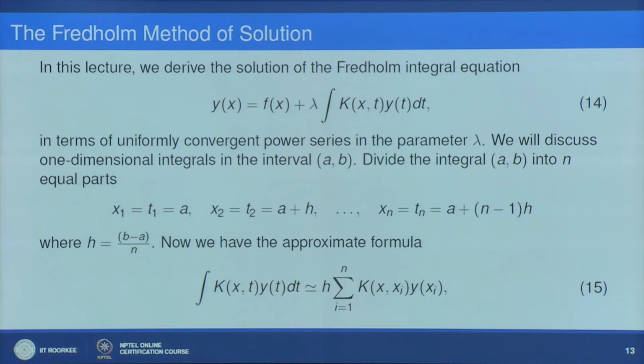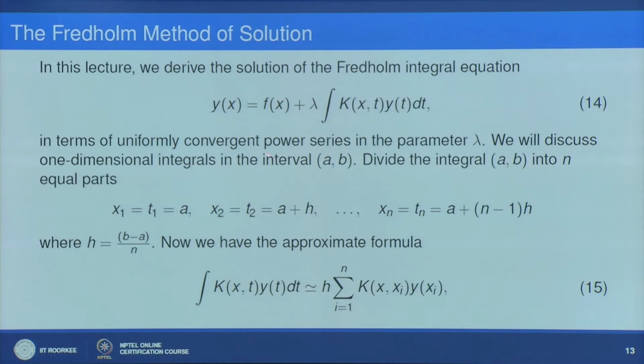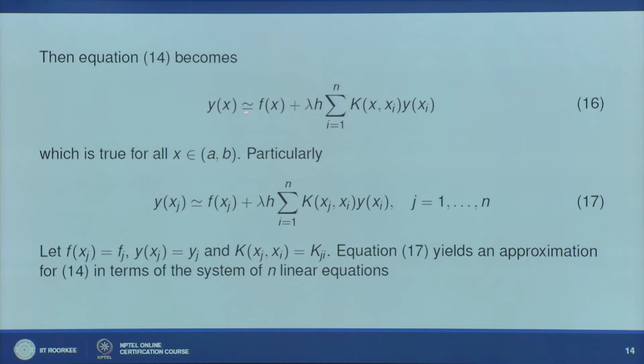Now using this discretization, writing the integral as a finite sum, we can write equation 1, y(x) equal to f(x) plus lambda integral, as y(x) approximately equal to f(x) plus lambda h sum j equal to 1 to n k(x,x_j) y(x_j). Now this expression is valid for all x in a to b.